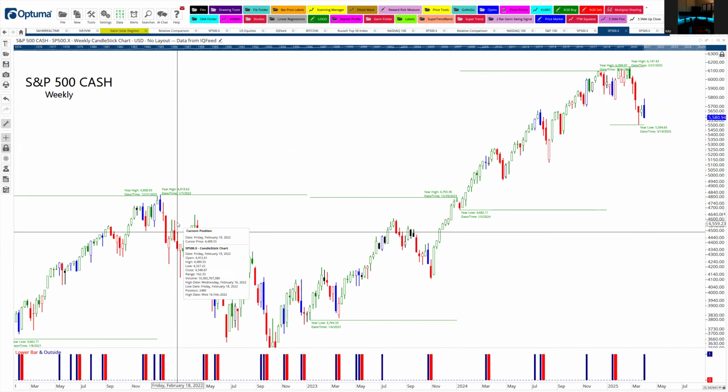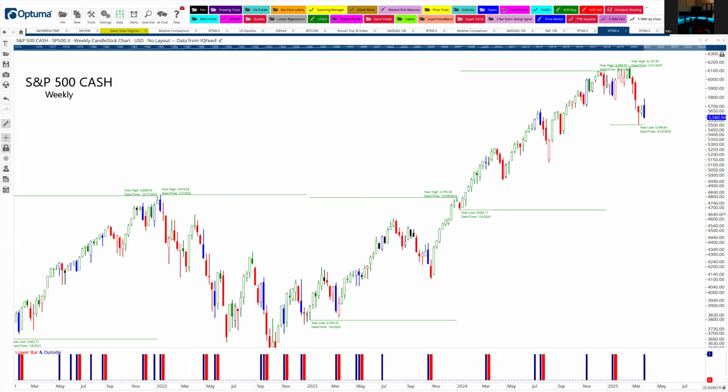If you're comparing these two, this part and this part, what you're doing is basically you just take these two highs and merge them with these two highs.